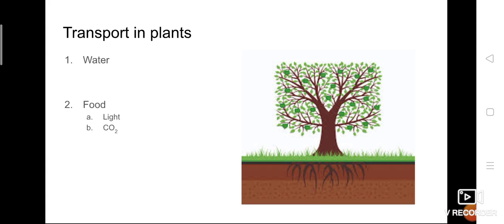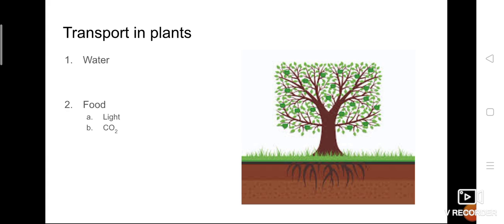So there is no need for that much energy to do any activity. So even though plants need energy, their requirement is somewhat lesser compared to animals or human beings.